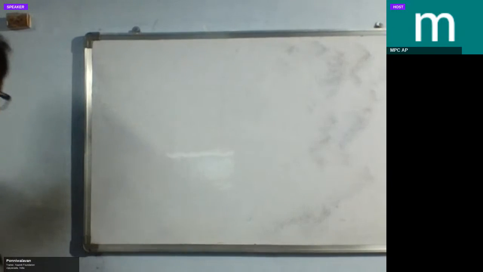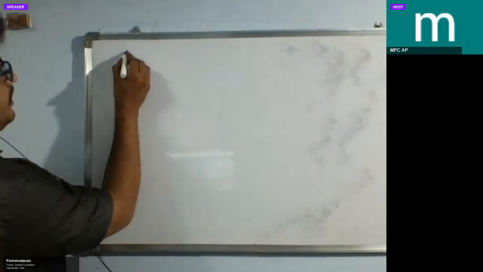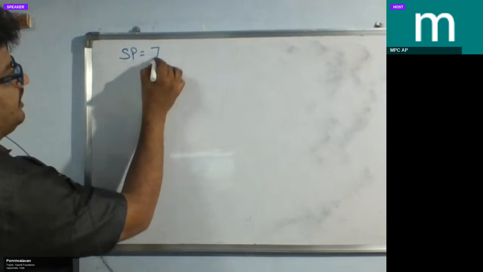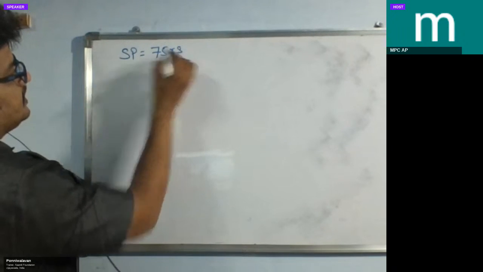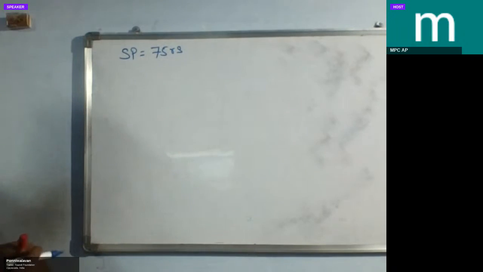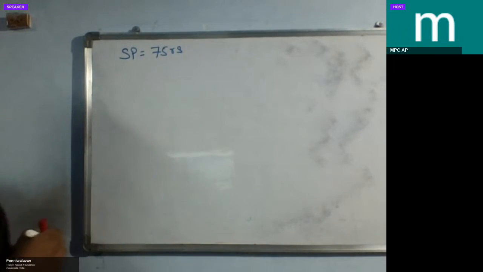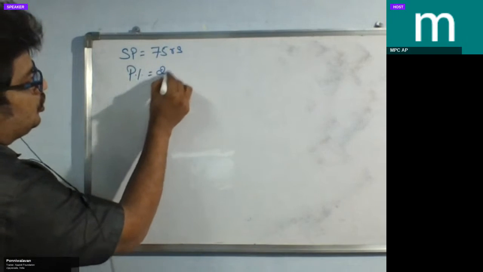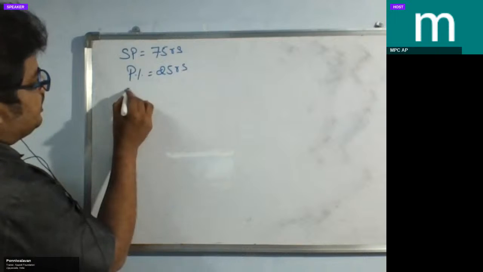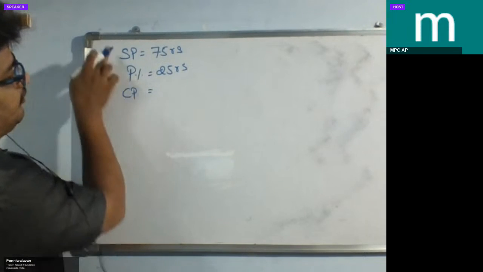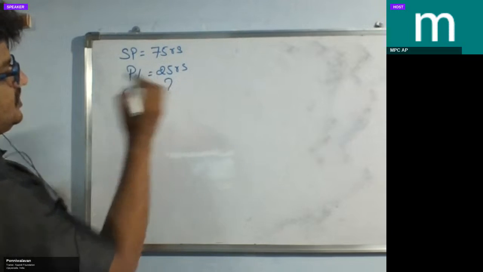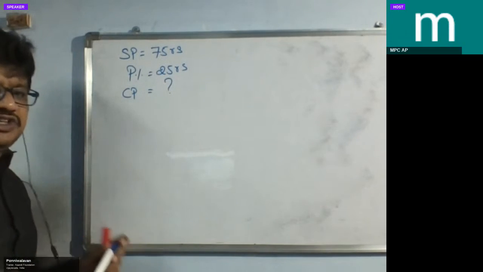Sir, how will you find the cost price of the mixture? Selling price is equal to 75 rupees. Profit percentage is equal to 25. Find CP. From selling price and profit percentage, how will you find CP?